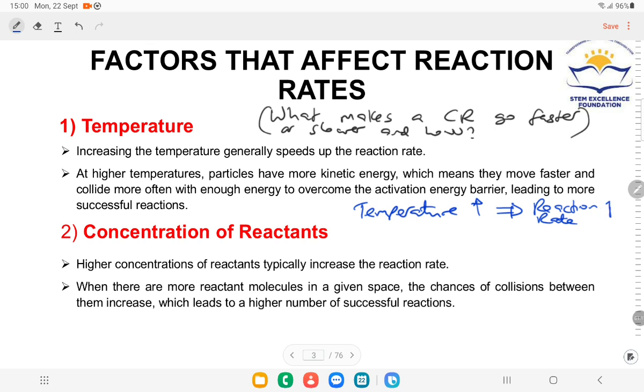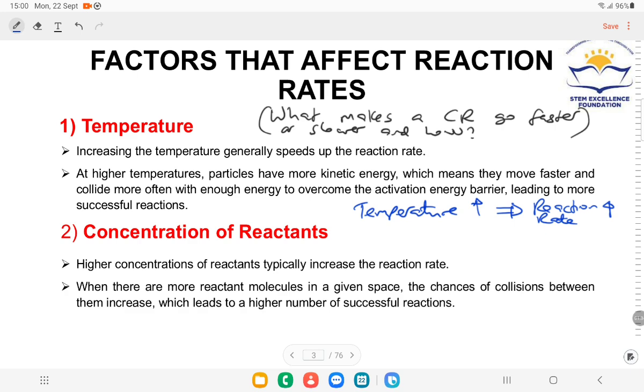So increasing the temperature increases the rate of a chemical reaction. Always keep that in mind. That's the golden rule here. If you increase the temperature, you will increase the rate of the chemical reaction.